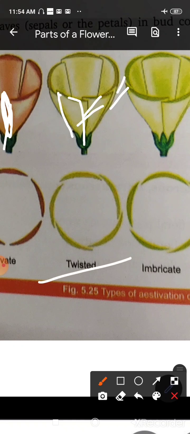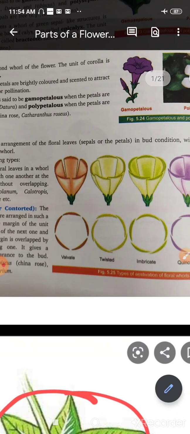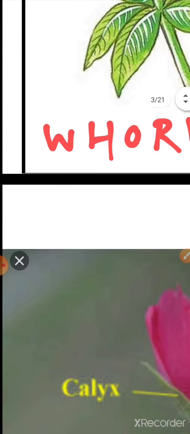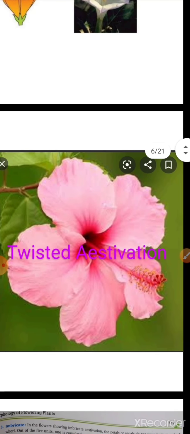This is the floral diagram that you will draw. This is one petal or a sepal, and this part is overlapping. Since it gives a twisted appearance, it is known as contorted or twisted aestivation.